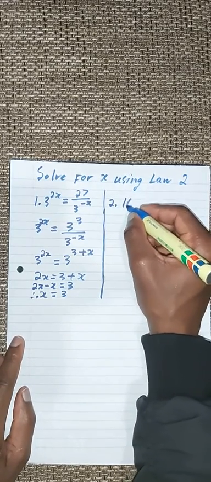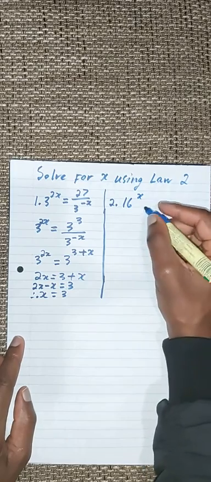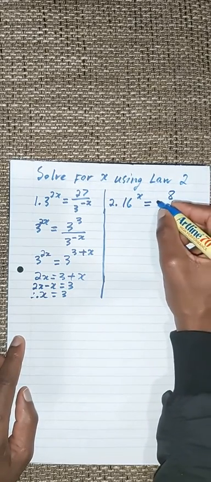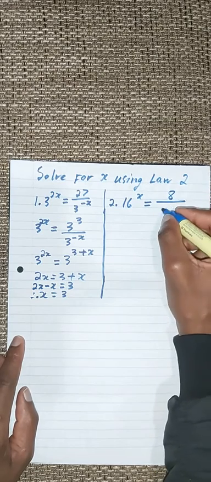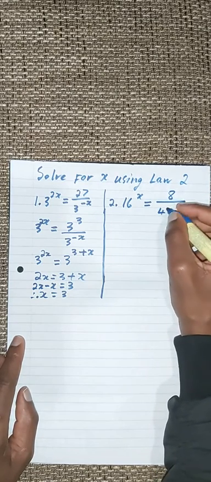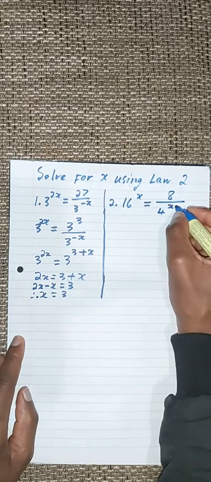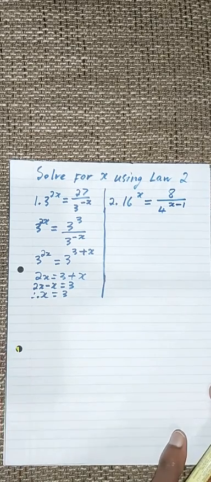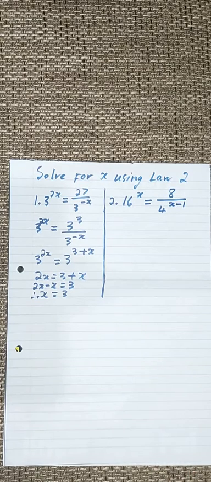In this one, we have 16 to the power of x is equal to 8 divided by 4 to the power of x minus 1. Okay, first things first, we have to change our bases into common bases, right?